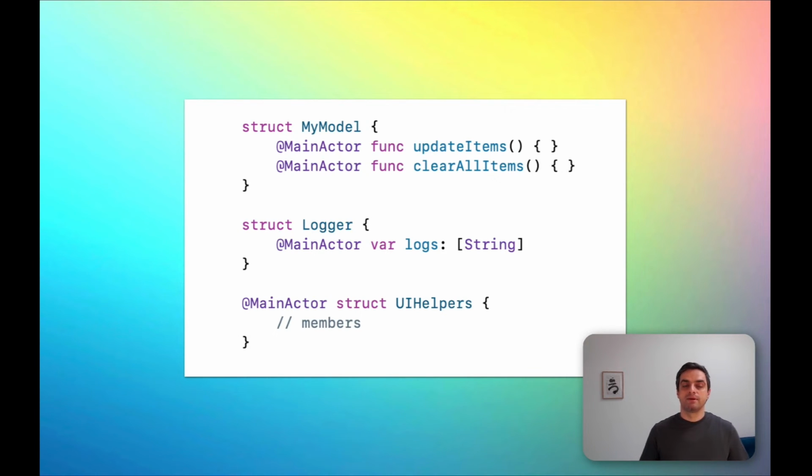Another group that you can create with a global actor is, of course, the state of your UI. So basically any type that updates the state of your UI needs to be grouped in a global actor. You already have a global actor like that created for you by default, the main actor, and that ensures that all this state is coherent and complete over time.